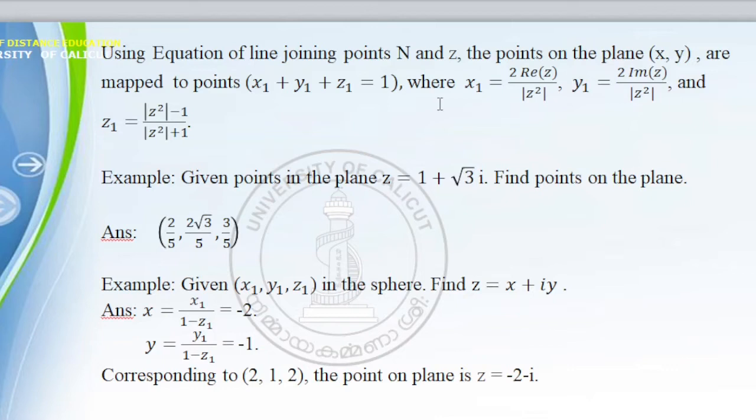Using x equal to x1 divided by 1 minus z1 and y equal to y1 divided by 1 minus z1, you will get the answer x equal to minus 2 and y equal to minus 1. So corresponding to the point on the sphere, the point in the plane is z equal to minus 2 minus i.